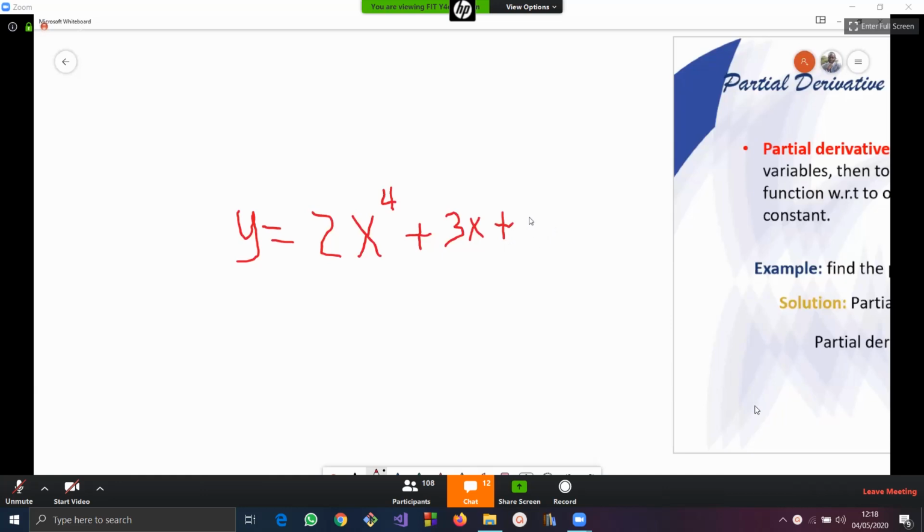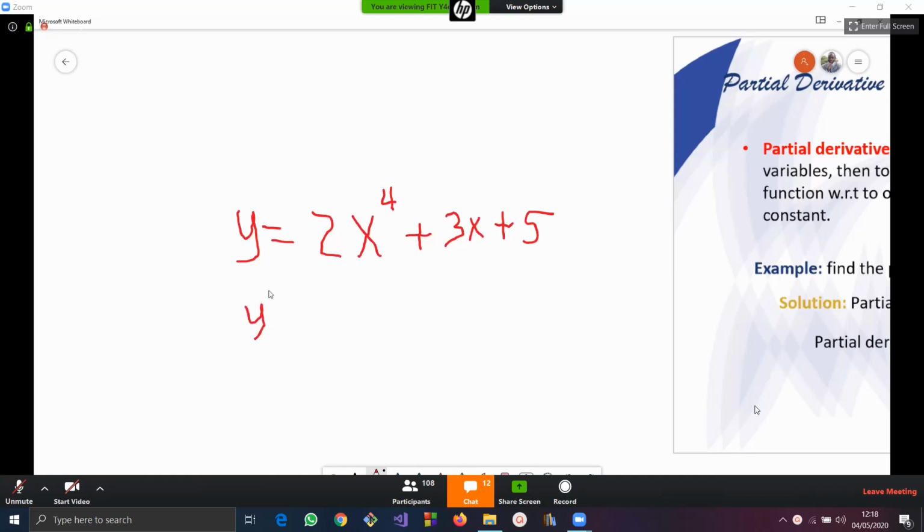So this is the function. We say y is equal to 2x power 4 plus 3x plus 5. So what's the derivative of this?